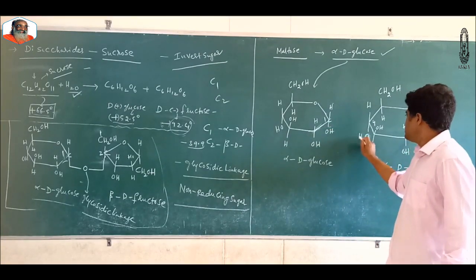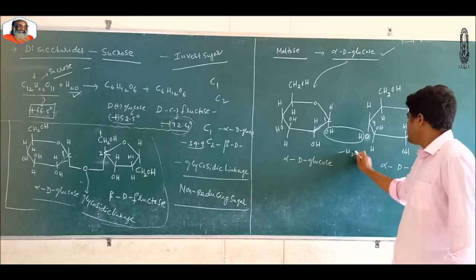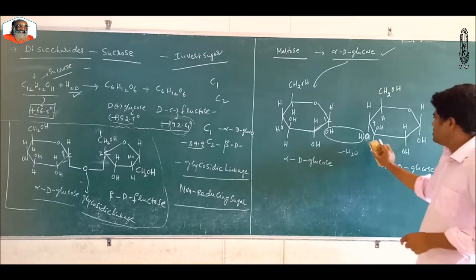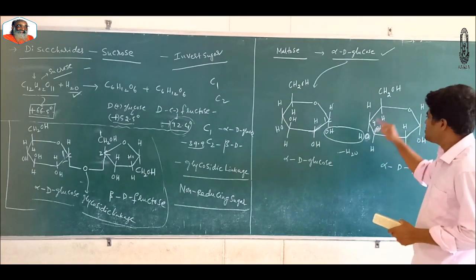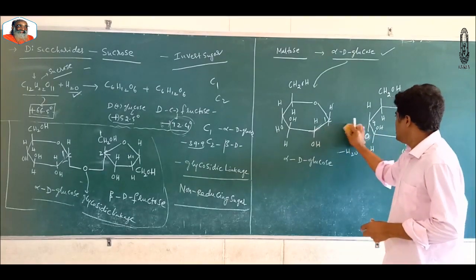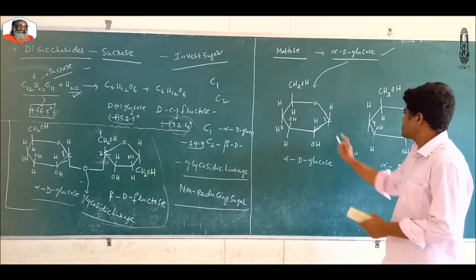OH and H are removed as a water molecule, and finally what is left now? Oxygen is left. These 2 units are linked by an oxygen atom. Such a linkage is called glycosidic linkage. Please see here, there is an oxygen atom.